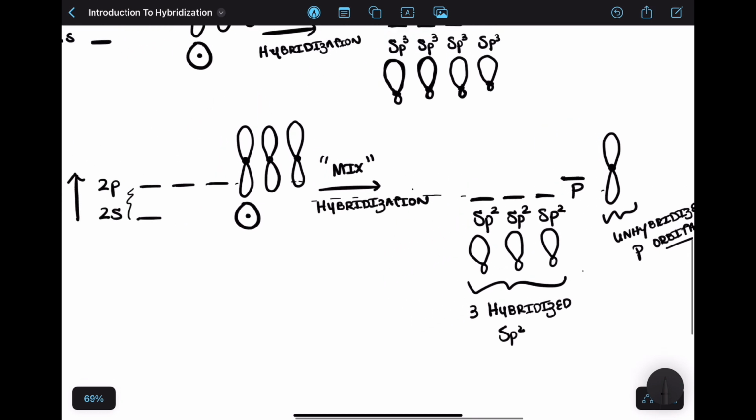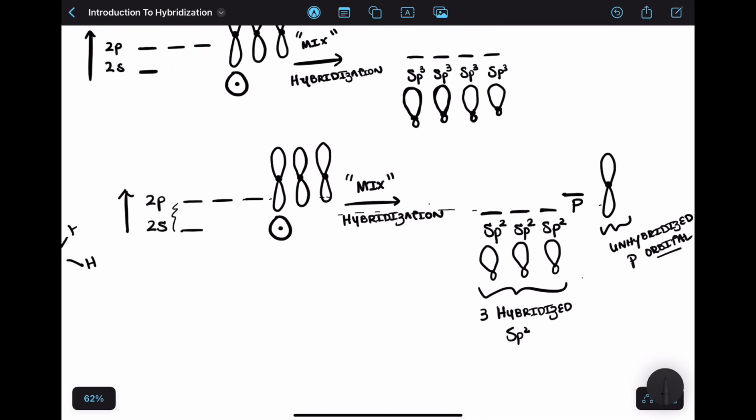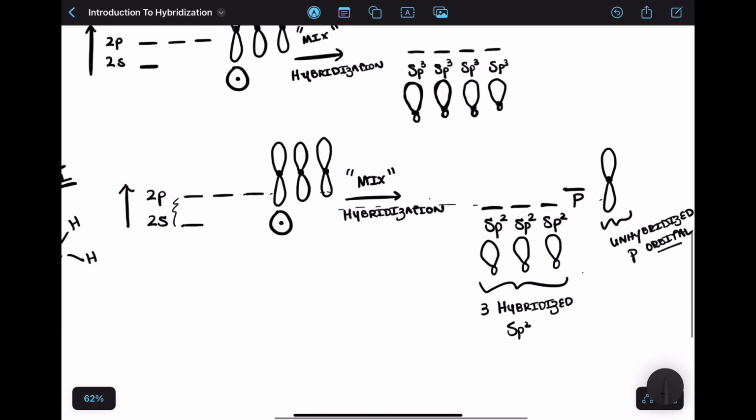All right, so that's another way we can mix, we can hybridize.